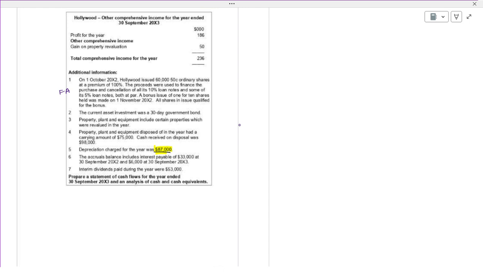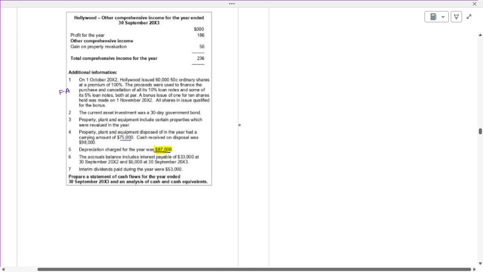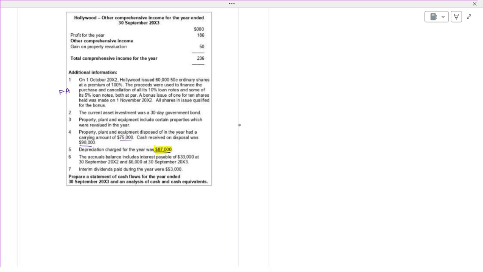What is the cash received? Property, plant, equipment disposed in the year has a carrying amount of 75,000, disposed for 98,000. Profit, how much? 23. Do we add or subtract?